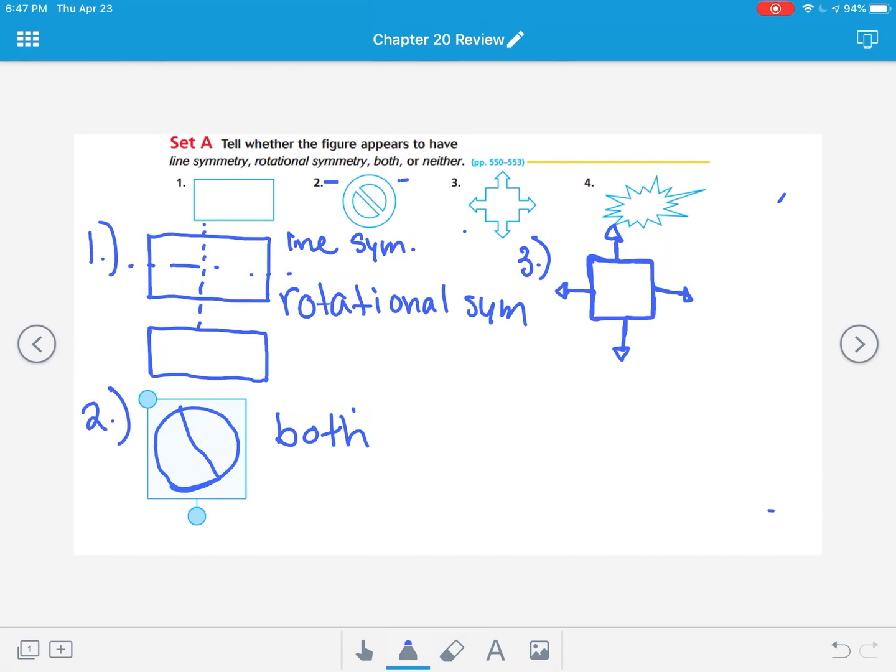All right, so looking at my very rough sketch, I can see that definitely I could split this straight down the middle. It would look the same. The arrows would match up when it was folded together. I could do it across the middle this way as well, and that would match up also. So it does have line symmetry.